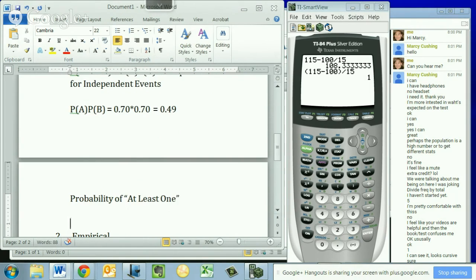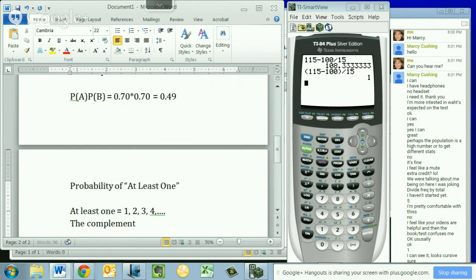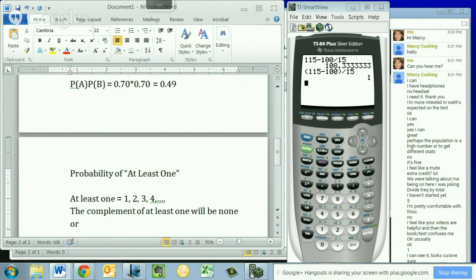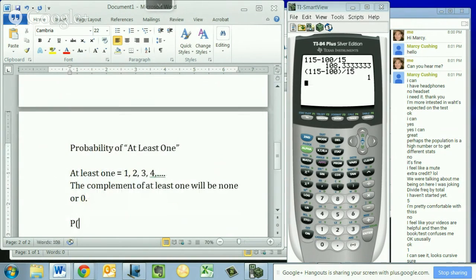The idea with that is that you're going to use the complement of at least one, because the event at least one means 1, 2, 3, 4, depending on what the situation is. So the complement of at least one will be none or 0. So what you want to remember is probability of at least one equals 1 minus probability of none.